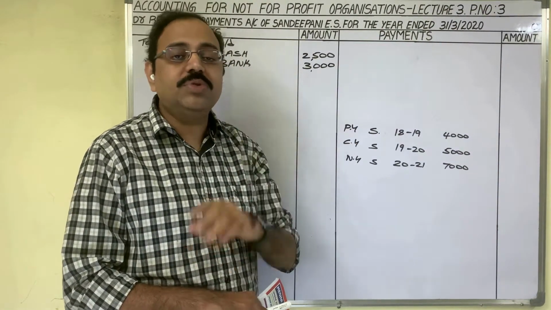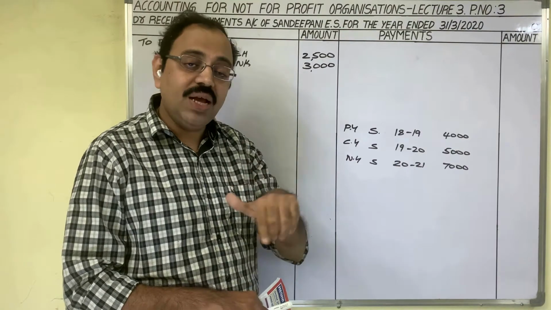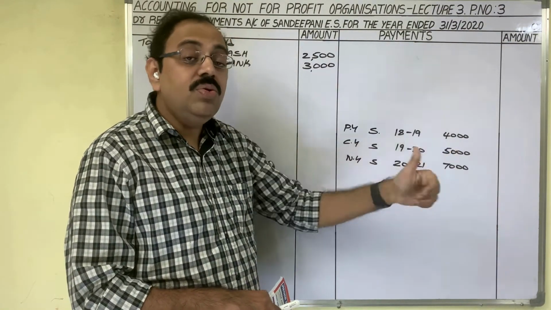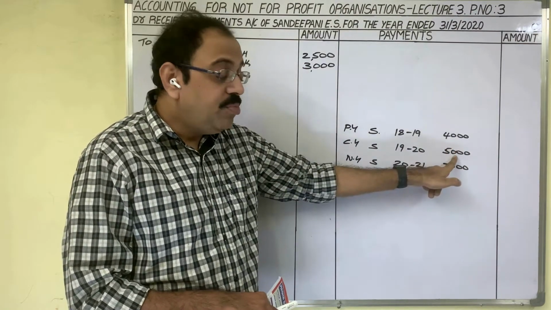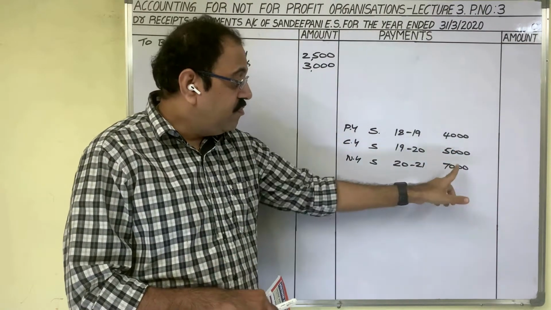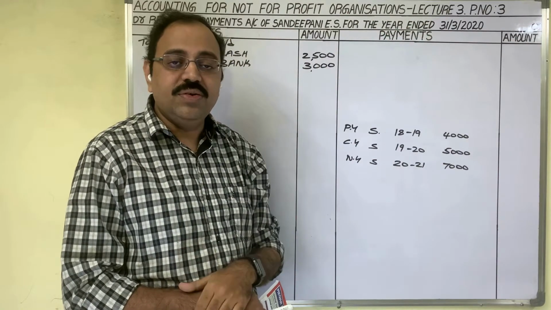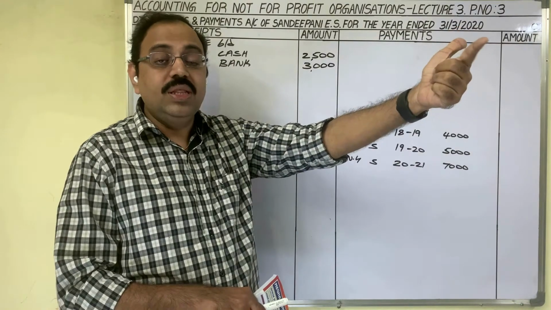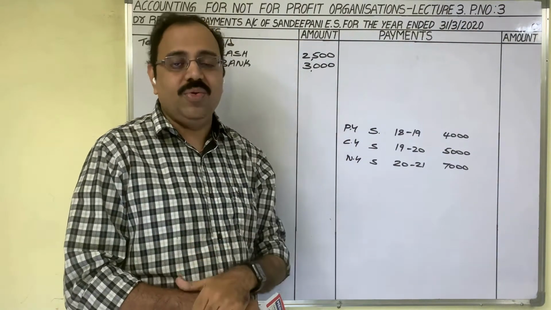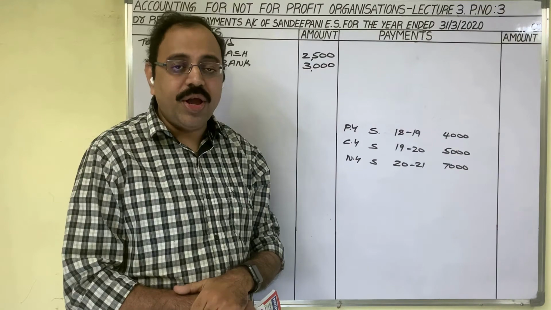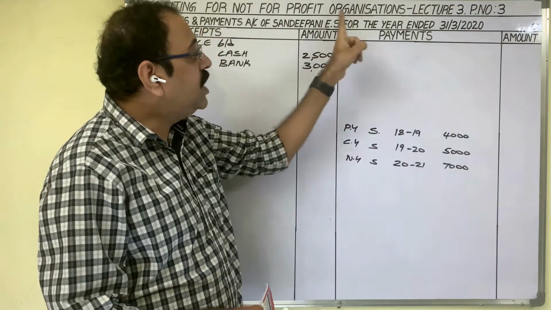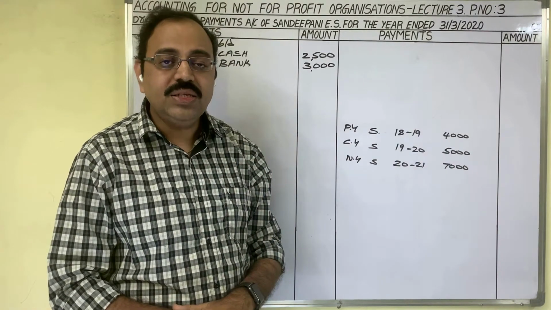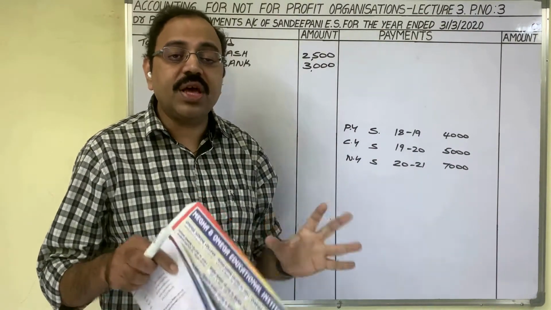So there are 3 subscriptions which we received in the current year. Out of these 3, one amount belongs to last year, one to the current year, and one to next year. These 3 amounts we received in the current year only. So remember one point: while preparing the receipts and payments account, we observe only one thing, that is, whether cash is coming in the current year or not.